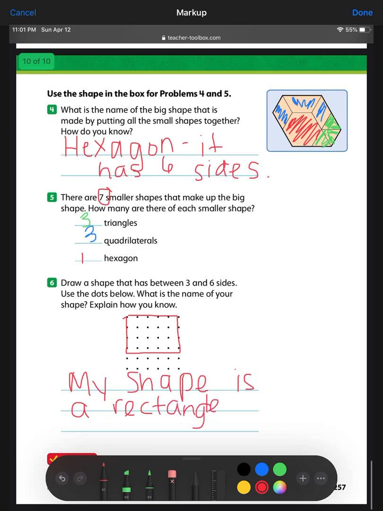It has 4 sides. It is a quadrilateral. And quadrilateral is Q, U, A, D, R, I, L, A, T, E, R, A, L. It didn't fit. That's okay.